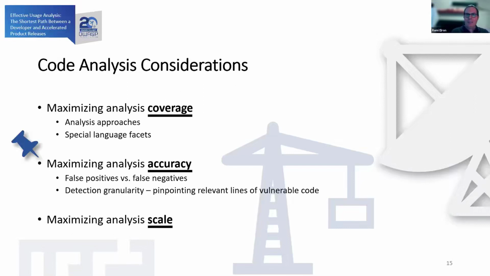Maximizing analysis accuracy is significant here, and the terms being used should not be unfamiliar. We're talking about false positives versus false negatives, and as probably most, if not all, of you know, the optimal value for both false positives and false negatives is zero.